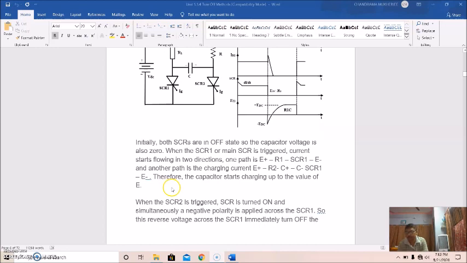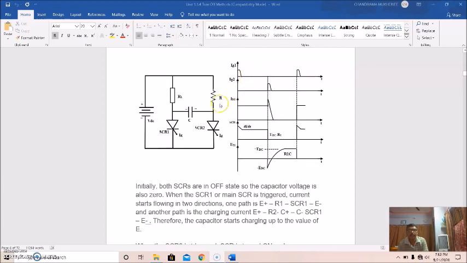So SCR2 is triggered, this one. When it is triggered, this thyristor is on, and simultaneously negative polarity is applied, because this is one current path and another is this path. So if you see, the capacitor's negative polarity is being connected to the thyristor 1 anode.